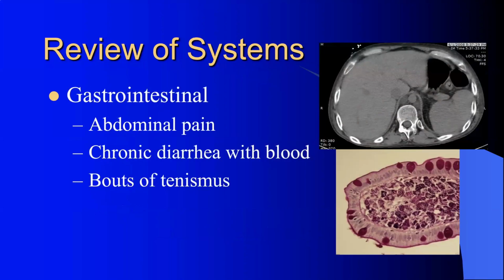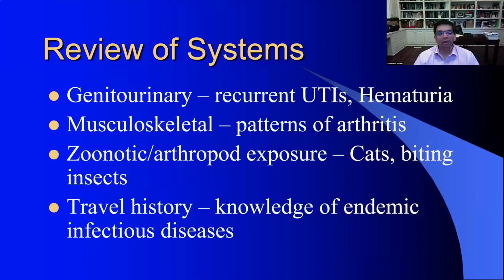Are there gastrointestinal symptoms suggesting inflammatory bowel disease, or possibly even rare things like Whipple disease? Are there symptoms in the genitourinary system, musculoskeletal system, particularly patterns of arthritis that may clue you in to autoimmune arthritic conditions? Is there exposure to zoonotic or arthropod vectors like cats, biting insects, etc.?